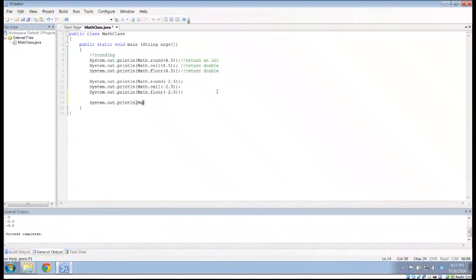So we have math.random, and what math.random does is this generates a random number x between 0 less than or equal to x less than 1. In other words, some decimal between 0 and 1.